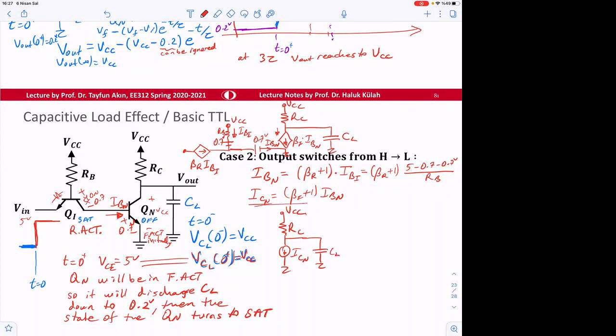Okay, so this is the fixed current, constant current, beta F I base N, which I call ICN. So this is going to be the model until V out reaches down to 0.2 volt. Then the transistor model will switch and change.